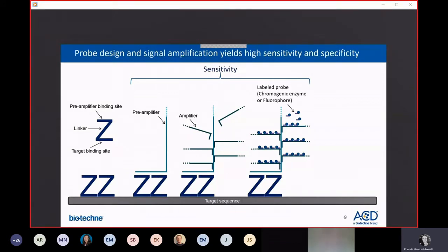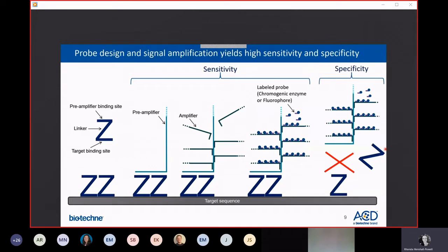And in the case of the HiPlex assay, this label that we apply is a fluorophore. Now, there's background subtraction built into this assay, wherein unless both Zs of a pair bind exactly adjacent to each other, you won't be able to amplify any signal because just one Z binding isn't stable enough to hold on to this amplification tree structure such that it will just get washed away.